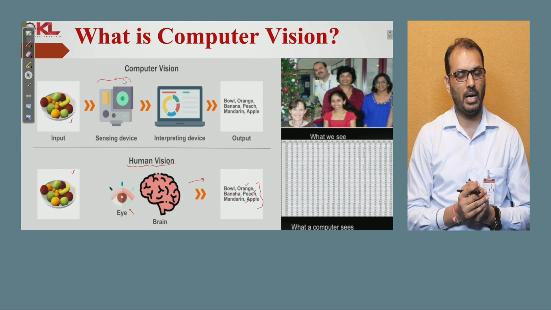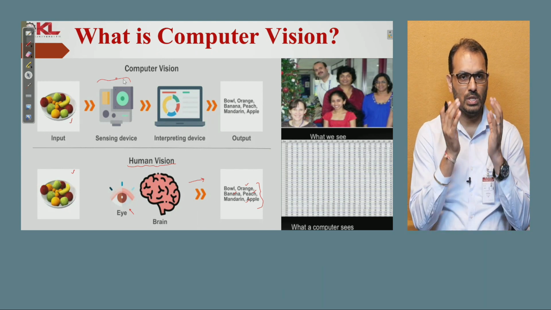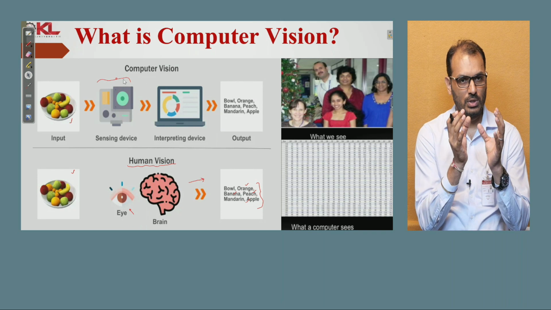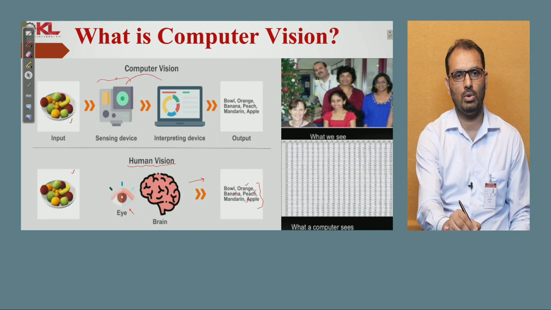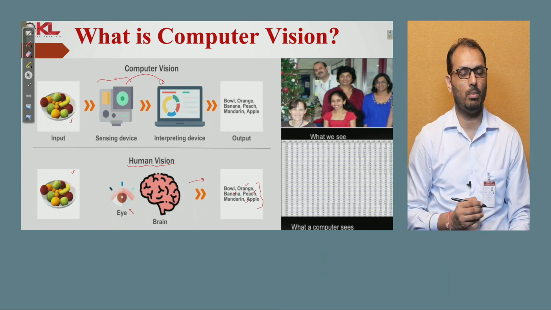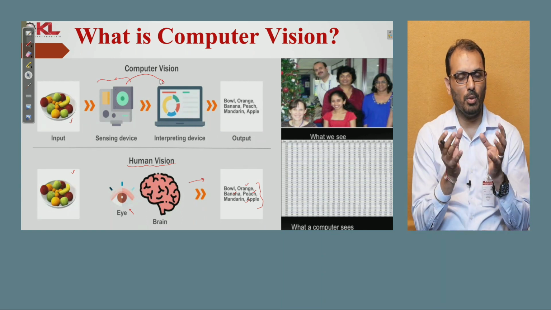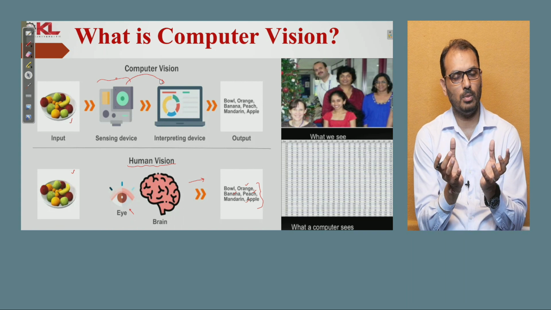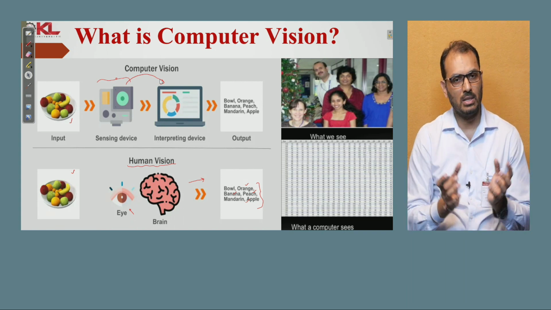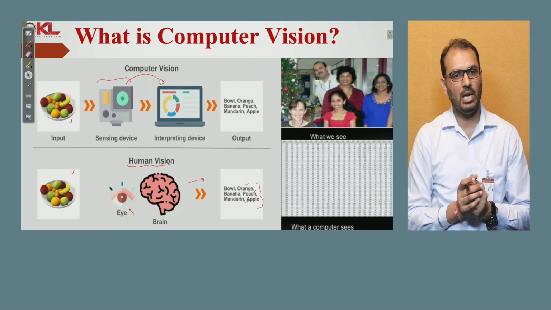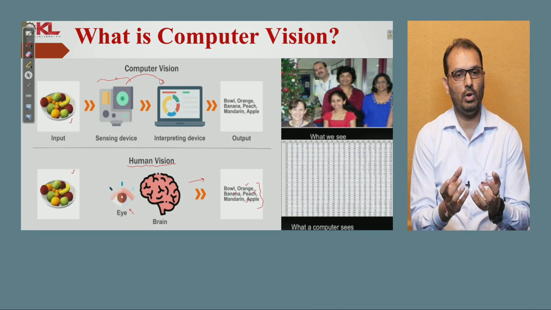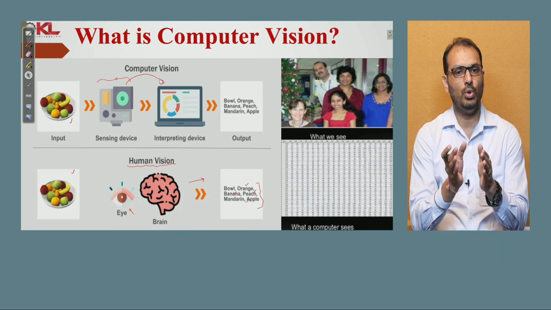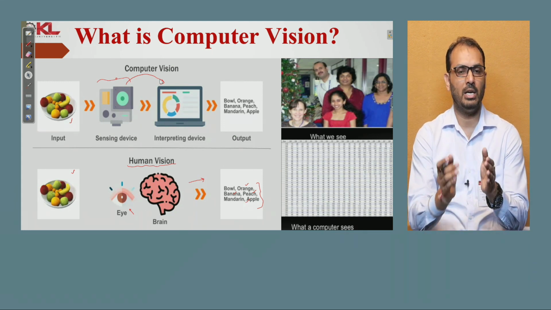Once the computer sees from the camera, that image goes to the laptop. Why? Because in the laptop, platforms like Python, MATLAB, and various other languages are available through which you can read it and apply whatever operation you want, in this interpreting device section.